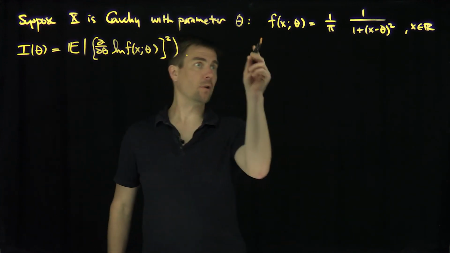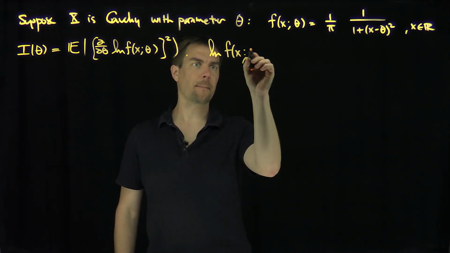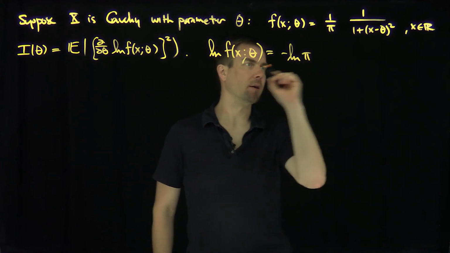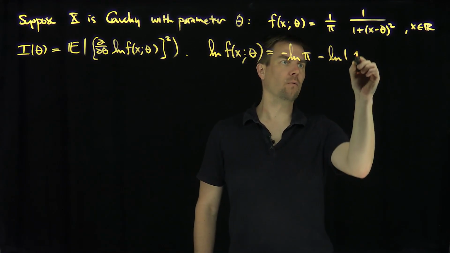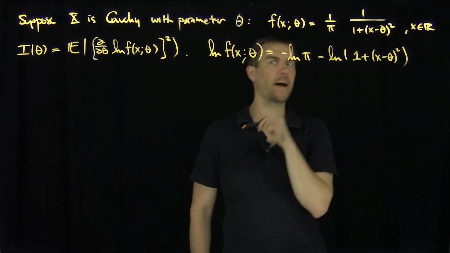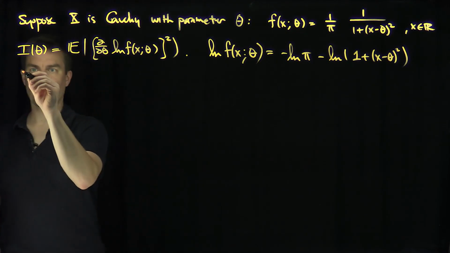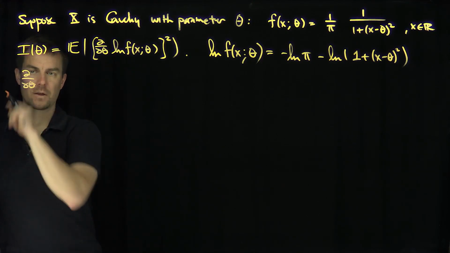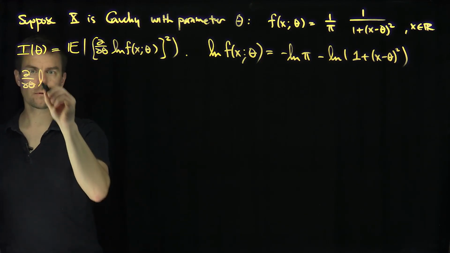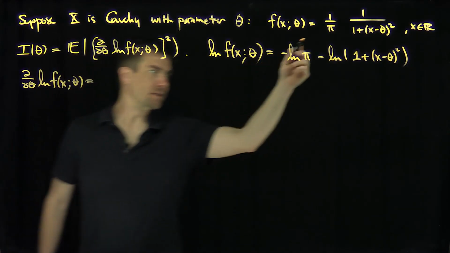So let's compute the log of this thing. The log of f of x and theta is going to be negative the log of pi, and then negative the log of 1 plus (x minus theta) squared. Great. And so now what's the theta derivative of this going to be? The theta derivative of the log of f of x and theta: the first term is 0.